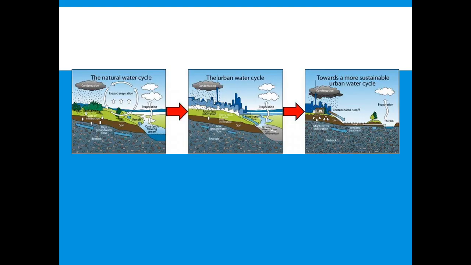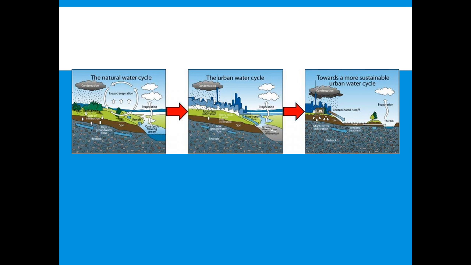So this is 3 different water cycles for you: the natural water cycle versus the urban runoff cycle, or the urban water cycle, and then a more sustainable water cycle that would be something that we would obviously want to move towards. So naturally, we have a lot of mitigation methods that allow the runoff to slow down.